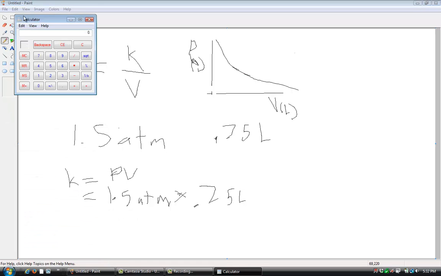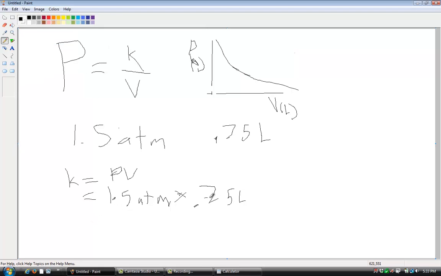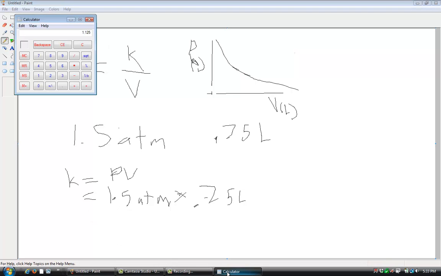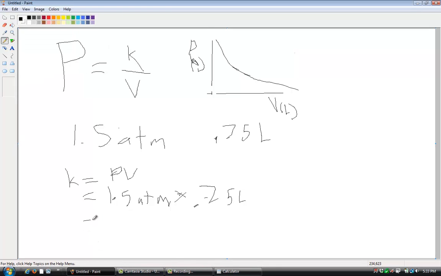Let me bring the calculator up on the computer. 1.5 times 0.75 equals 1.125. We've only got two significant figures there, so we're going to do 1.1 as our answer. So K equals 1.1, and that's atmospheres times liters.